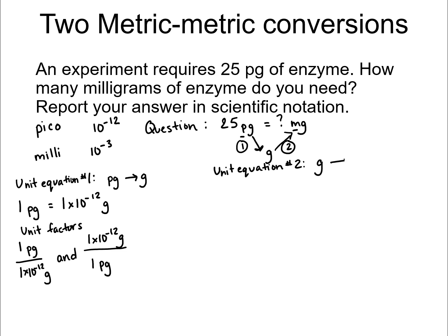This time we're taking grams and going to milligrams. If I've got 1 gram, that equals 1,000 milligrams. I could also write it as 1 milligram is equal to 1 times 10 to the minus 3rd grams. They're the same thing. I'm going to go with this unit equation here and write some unit factors.